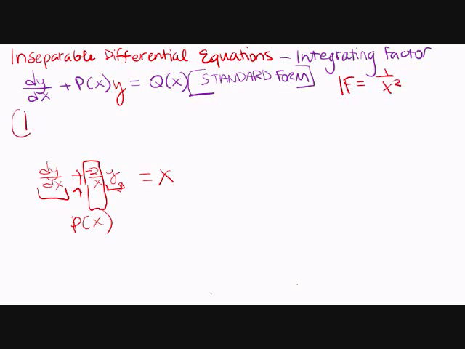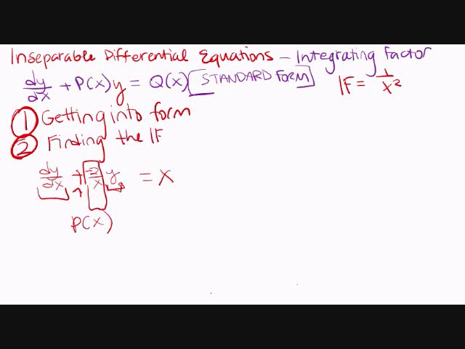So after our first step was getting it into the form that you see above, our second step was finding the IF, the integrating factor, which is just e to the integral of p of x dx.